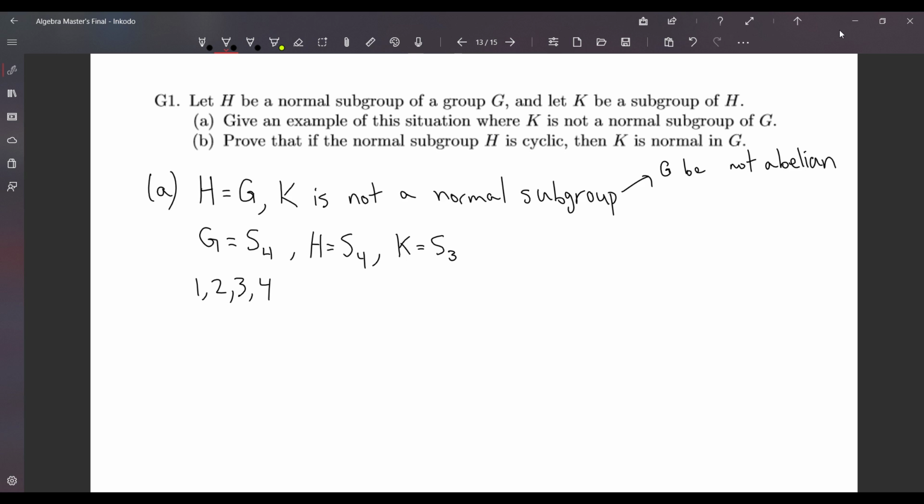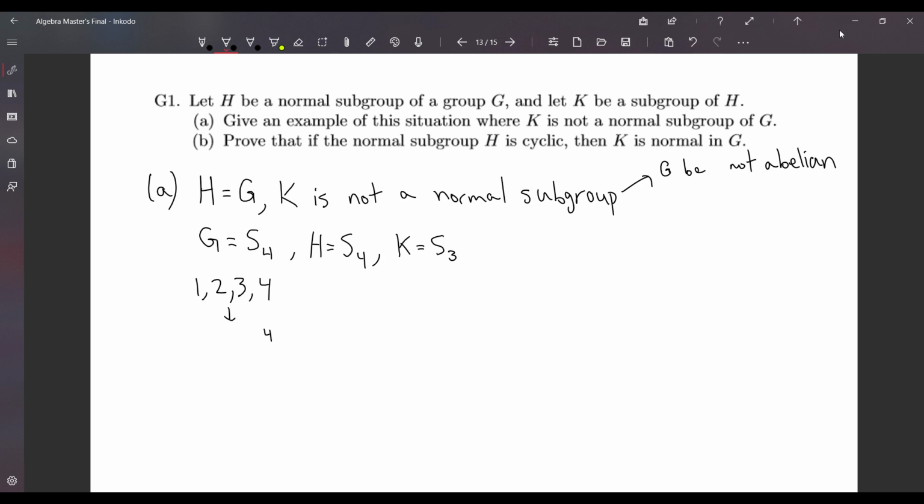Essentially, we can see that this is not normal because you can conjugate by an element and you'll have 4 going somewhere else. Let's say, for example, we applied an element of K and we permuted 3 and 1. Actually, hold on.